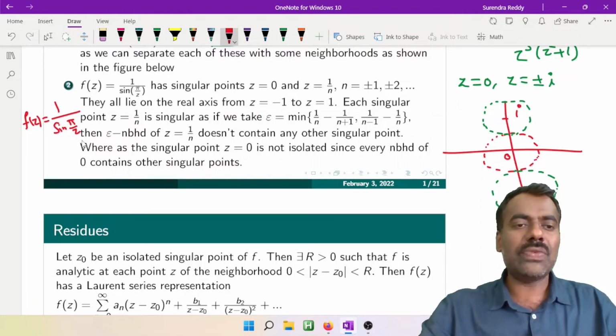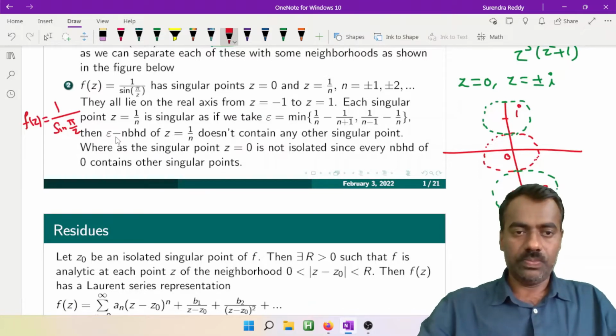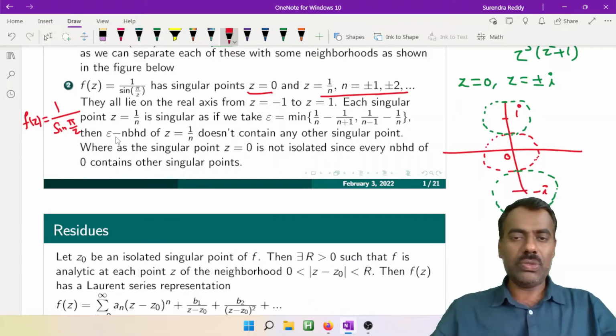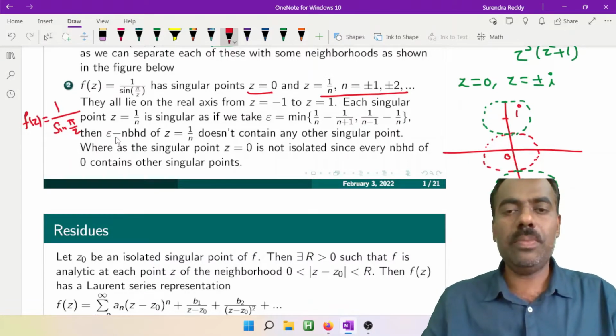First of all, z equal to 0 is not defined, so z equal to 0 is clearly a singular point. And if you take z equal to 1 by n, then 1 by z becomes n, so sine n pi, we know they are all 0. So z equal to 0 and z equal to 1 by n, where n is plus or minus 1, plus or minus 2, these are all singular points.